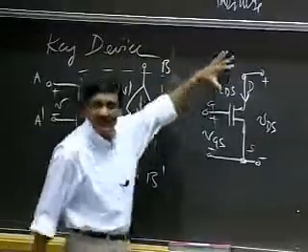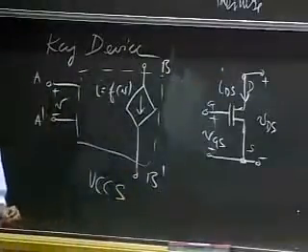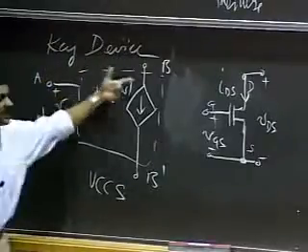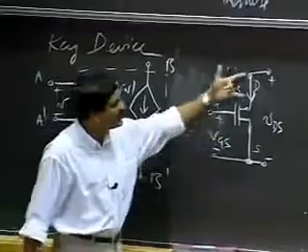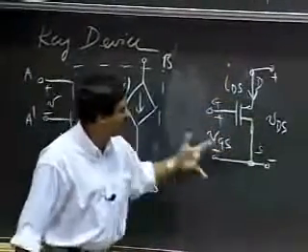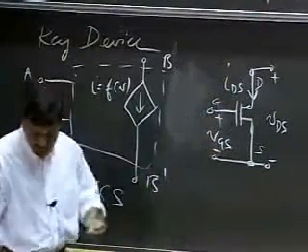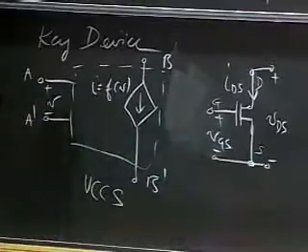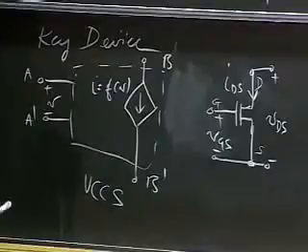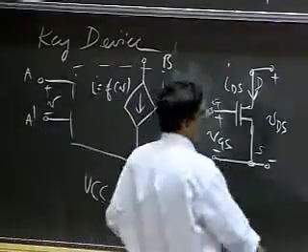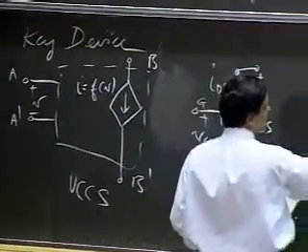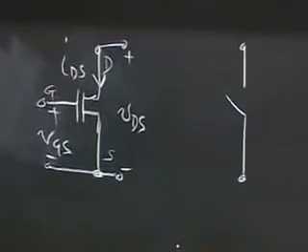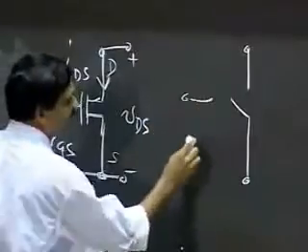Notice that when I view the MOSFET in this manner, I've accomplished my first step, which is I seem to have a box which has a port here and a port here. I also explained to you that the MOSFET behaves in a particular manner, and for one, the output port behaved as an open circuit under certain conditions.